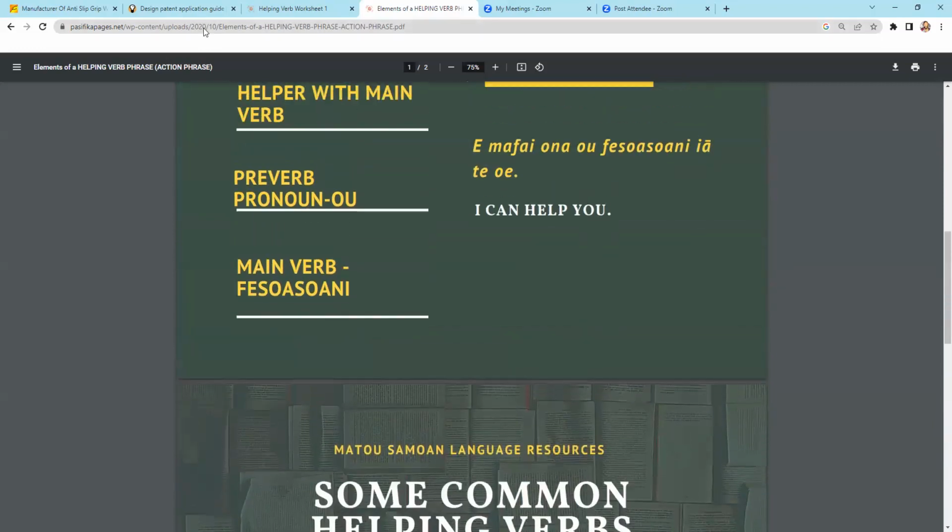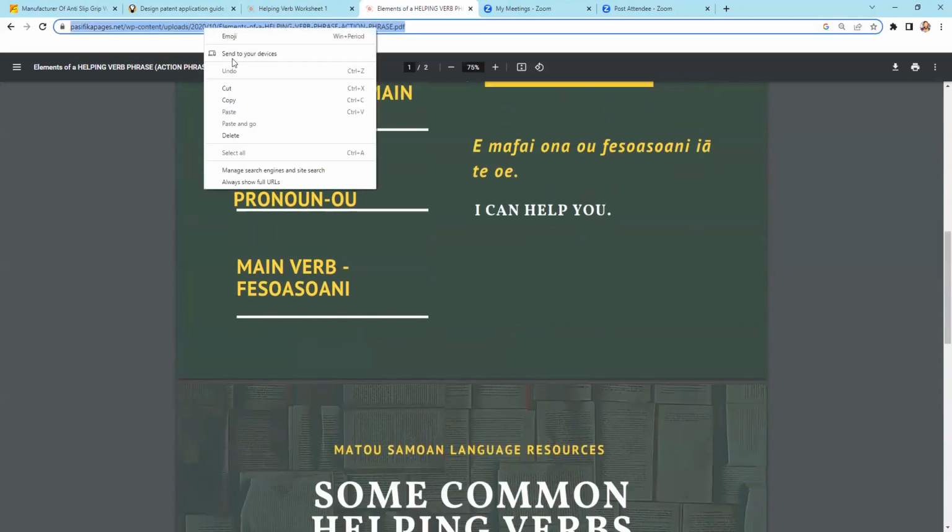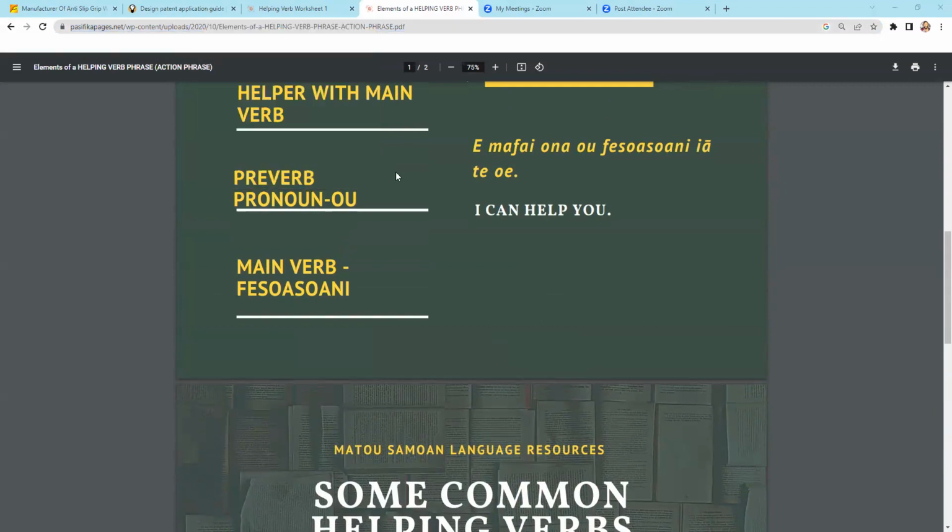Okay, so that's for that worksheet. Let me copy this worksheet. And again, with this one, just make your own sentences. To me, I think that helped me out a lot, making my own sentences and putting the helping verbs in there as well.